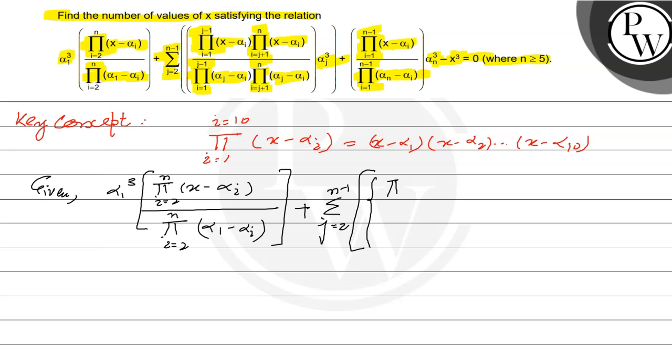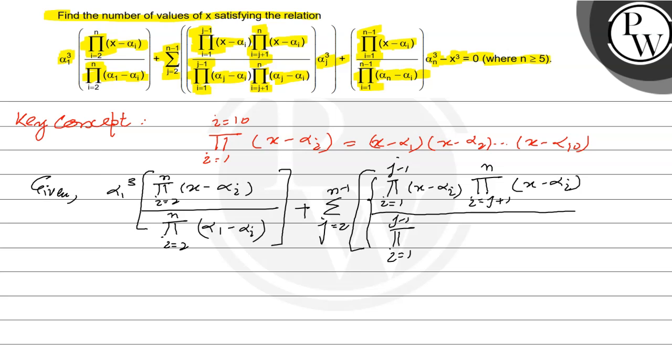So it has been given the product of i equal to 1 to j minus 1 of (x minus alpha i), then the second one, the product of i equal to j plus 1 to n of (x minus alpha i), divided by again the product of i equal to 1 to j minus 1 of (alpha j minus alpha i), and then again there is a product of i equal to j plus 1 to n of (alpha j minus alpha i), right?